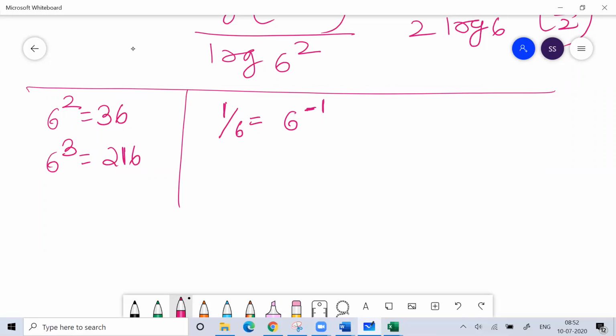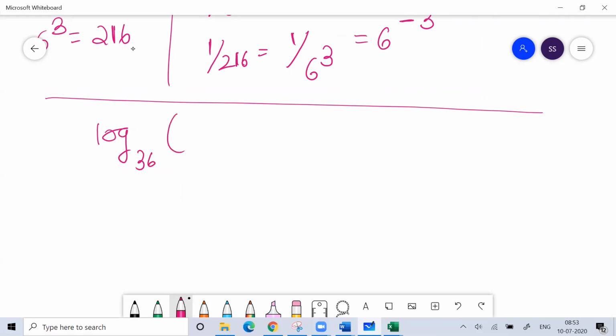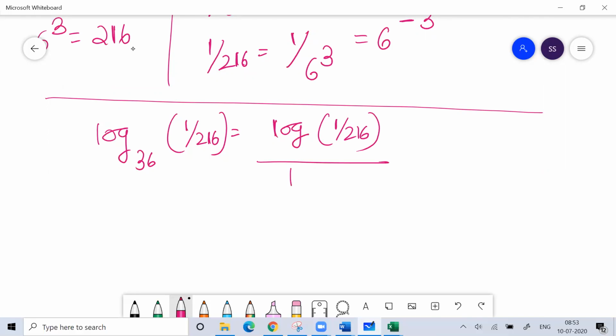Then 1 by 216 I can write as 1 by 6 to the power 3, which means I can write this as 6 to the power minus 3. And if I ask you log base 36 of 1 by 216, that means log of 1 by 216 divided by log 36.